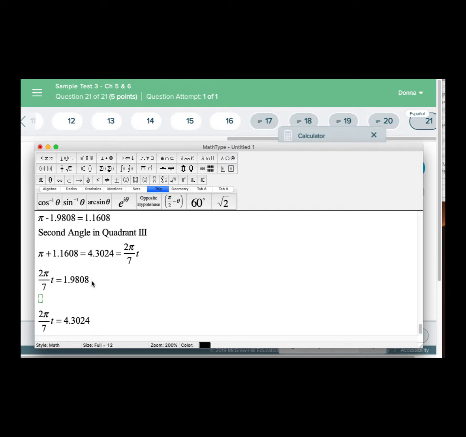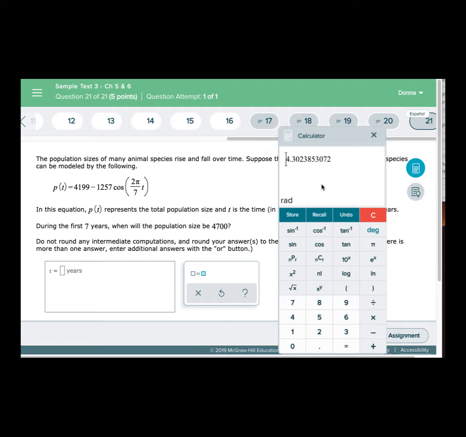We could add multiples of 2 pi to this value as well, because there might be other numbers that work too. Let's do a quick check: adding 2 pi to 1.98 gives us 7.47.